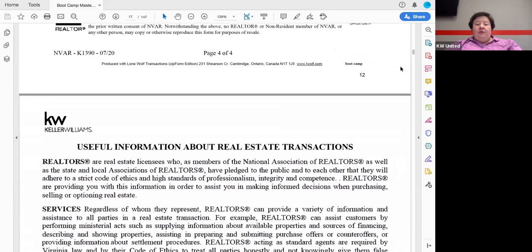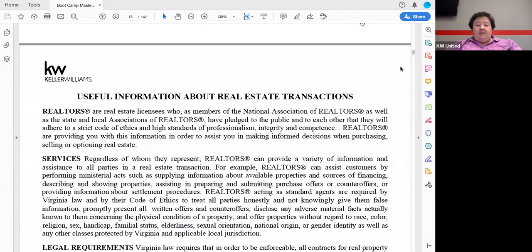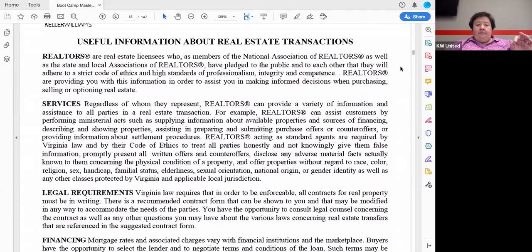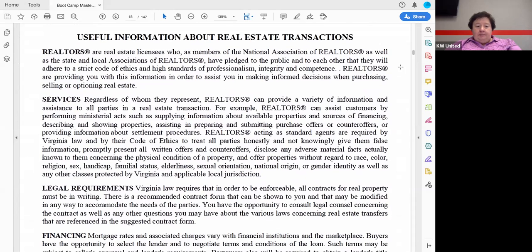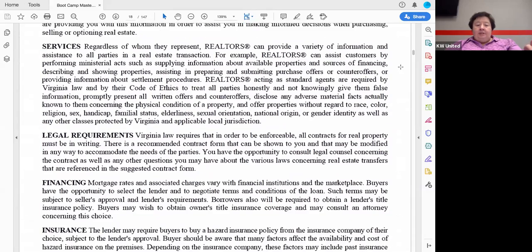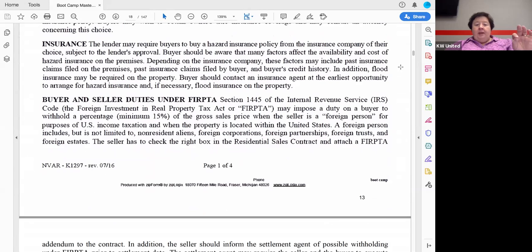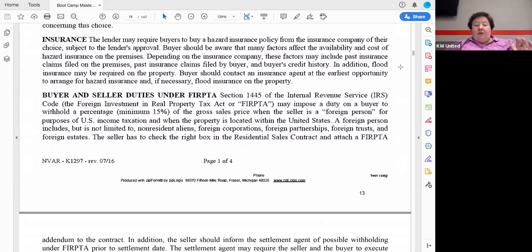Then we've got the useful information about real estate transactions. And this is more of what you call your dictionary. It explains who realtors are, what services mean, what the legal requirements are in Virginia, what financing means, insurance, buyers and sellers' duties under FIRPTA. So when you're working with either side, make sure they understand FIRPTA.